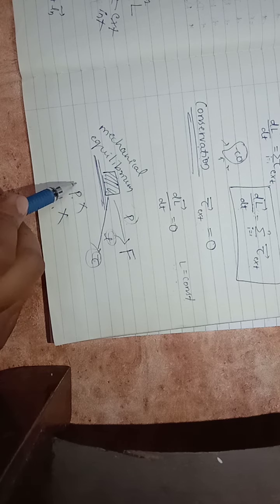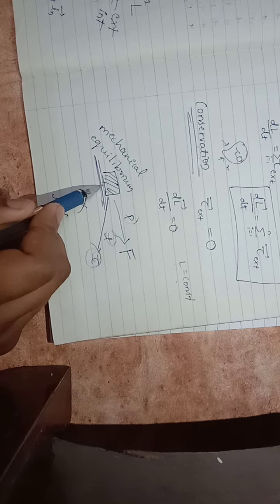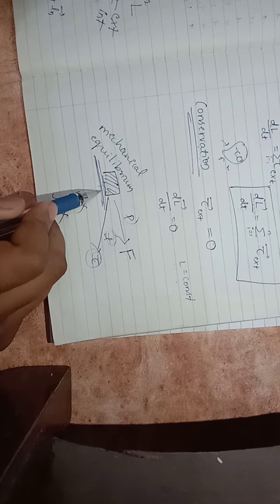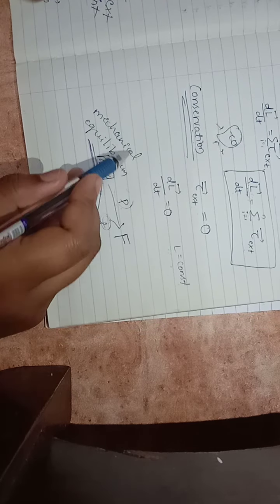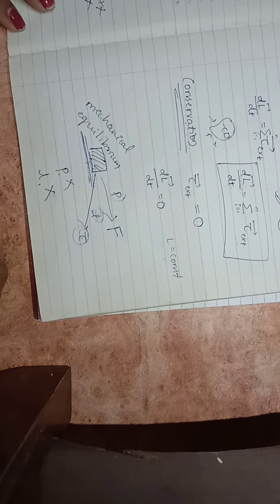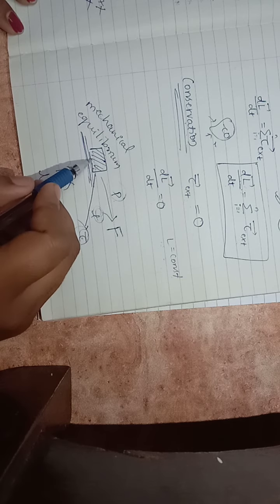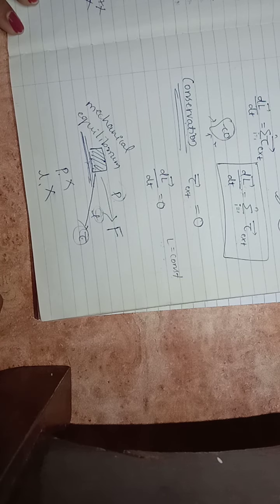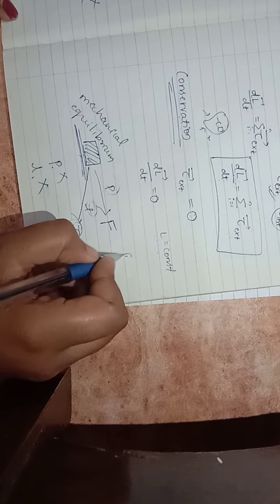But it will not come to mechanical equilibrium easily. So if you want to keep this rigid body at mechanical equilibrium, you have to satisfy two conditions. We are given two conditions over there. So what is the first condition?